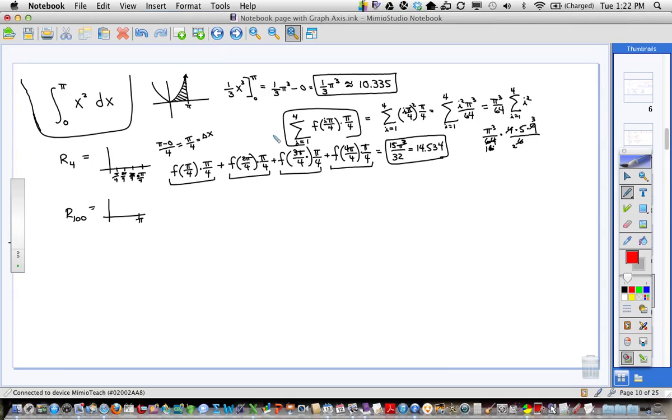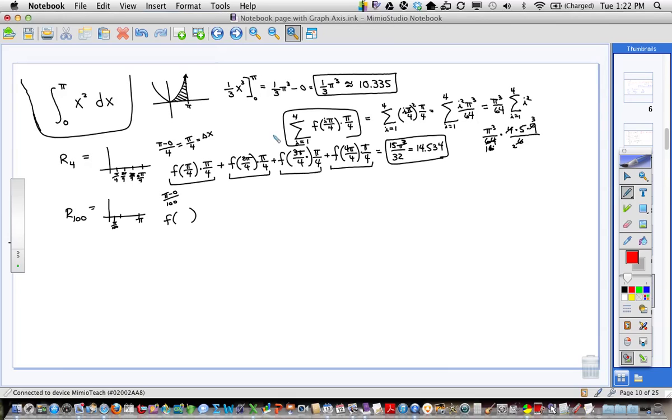Well, still going 0 to pi. What's my width? Pi minus 0 divided by 100. Right? So my first would be at where? The integral starts at 0, so the first width over would be pi over 100.